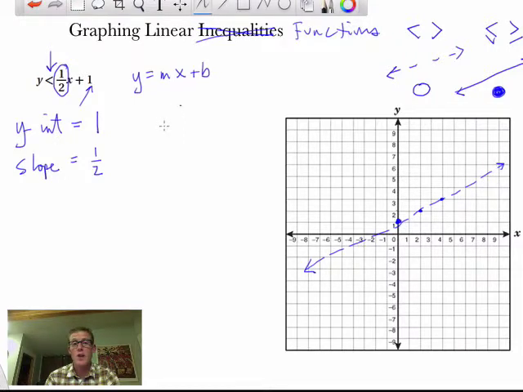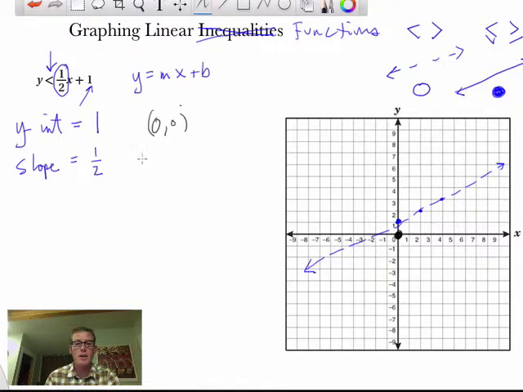Now that we have the line graphed, we need to figure out if there are other solutions than just the points on the line. So I'm going to pick a point that is not on the line at all. In this case, I'm going to pick this point right there at my origin, and that point is going to be (0, 0). This is like the test run that I'm going to do.